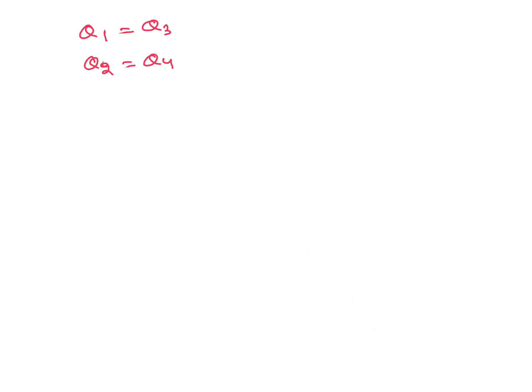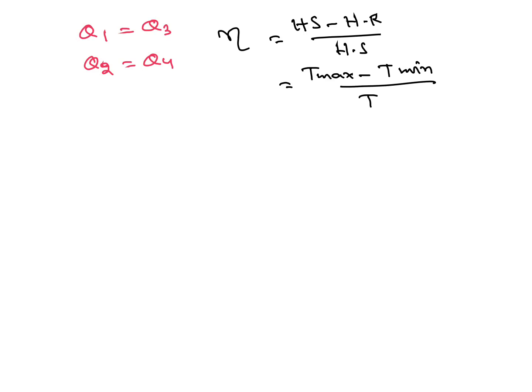Both are Carnot heat engines, or reversible heat engines. So efficiency is heat supplied minus heat rejected divided by heat supplied, or T maximum minus T minimum divided by T maximum. For the first engine, heat supplied is Q1, heat rejected is Q2, so efficiency is 1 minus Q2 divided by Q1.